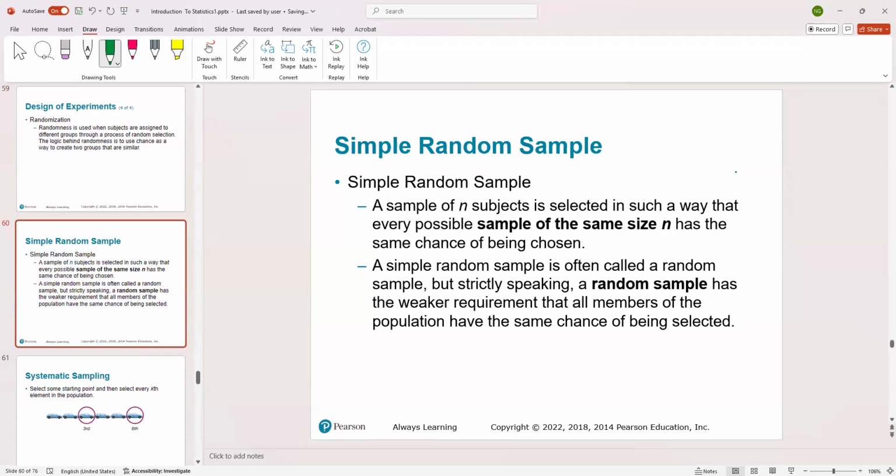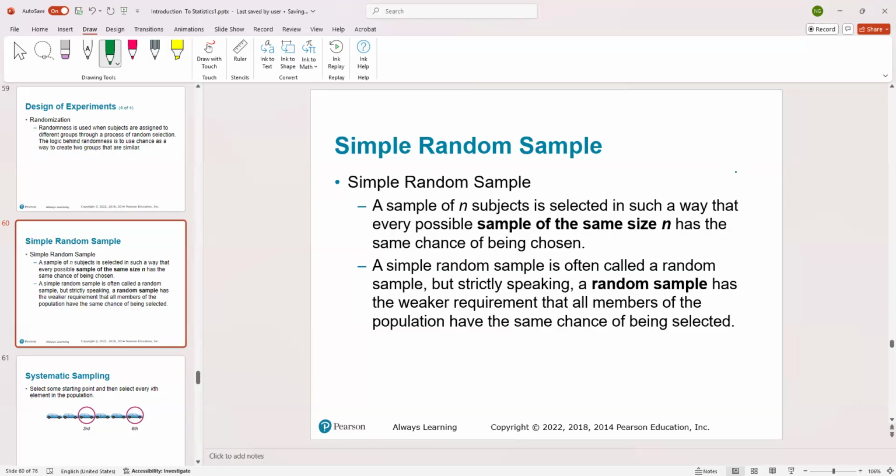Now, a simple random sample of n subjects is selected in a way that every possible sample of the same size has the same chance of being chosen. A simple random sample is often called a random sample, but strictly speaking, a random sample has a weaker requirement that all members of the population have the same chance of being selected, right?